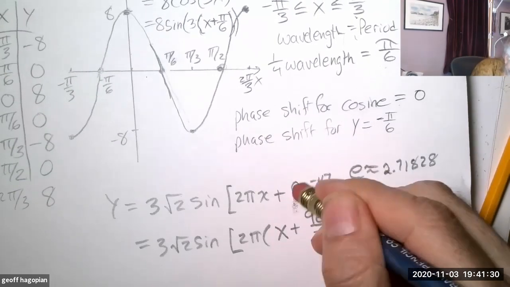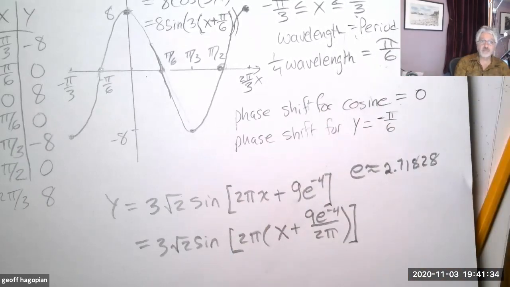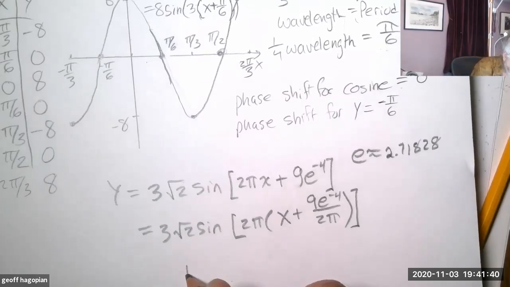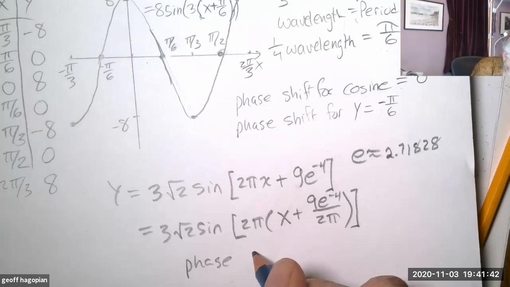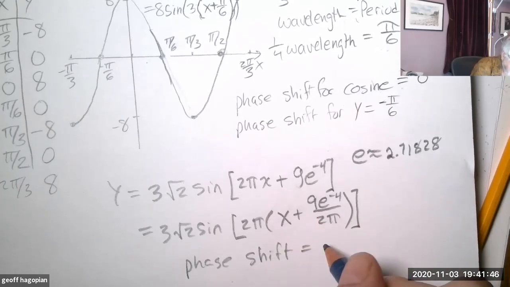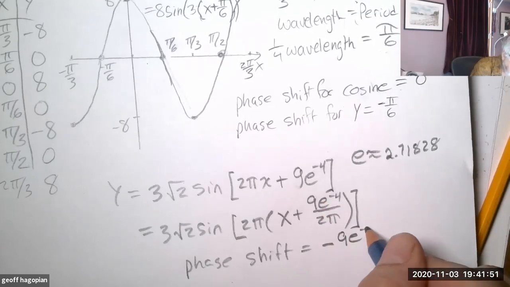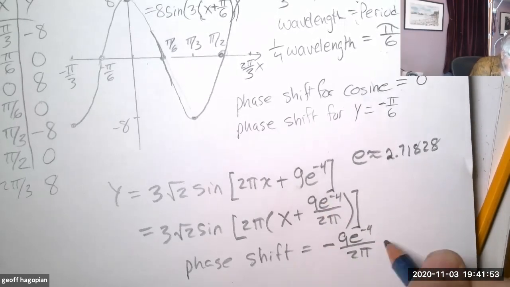It's a 9. So the phase shift is negative, right? Because x minus a negative 9 e to the negative 4 over 2 pi.